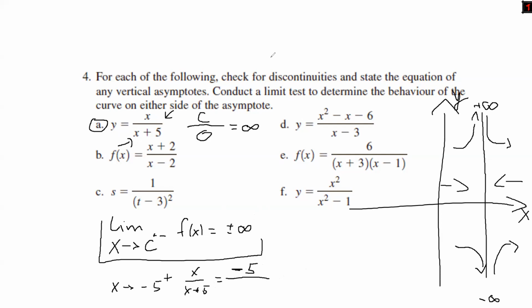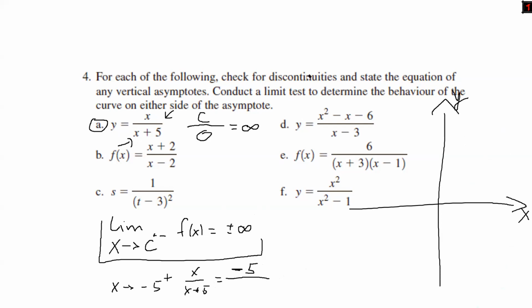Is it right? So let's start plotting this on our graph. I have negative 5 here, and I have the vertical asymptote here. As I approach it from the left-hand side, I'm going to have values such as negative 6, negative 7. So slightly more negative than 5 plus 5 is still negative, right?